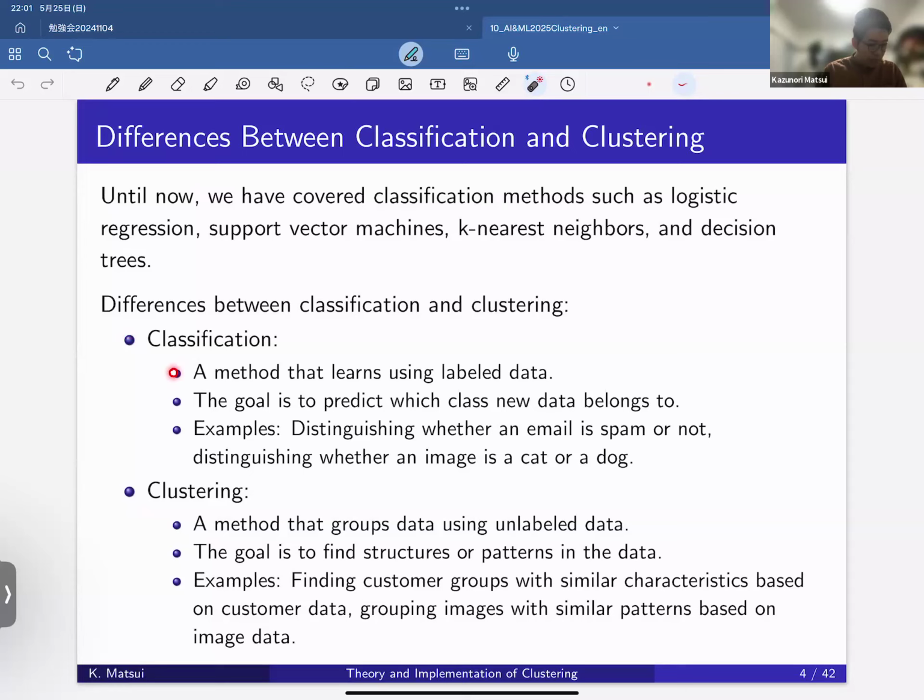The goal is to predict which class new data belongs to. For example, we have been distinguishing whether an email is spam or not, or whether an image is a cat or a dog. On the other hand, clustering is a method that groups data using unlabeled data. The goal is to find structure or patterns in data.